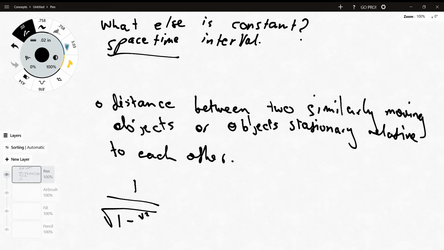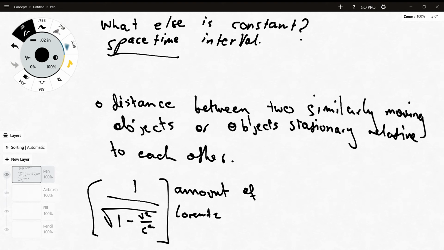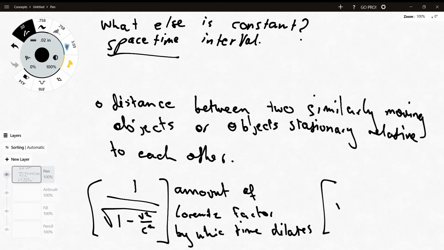1 minus v squared on c squared. And this is the amount of the Lorentz factor by which time dilates, and then on the side here we have 1 minus v, and that's length contracts.